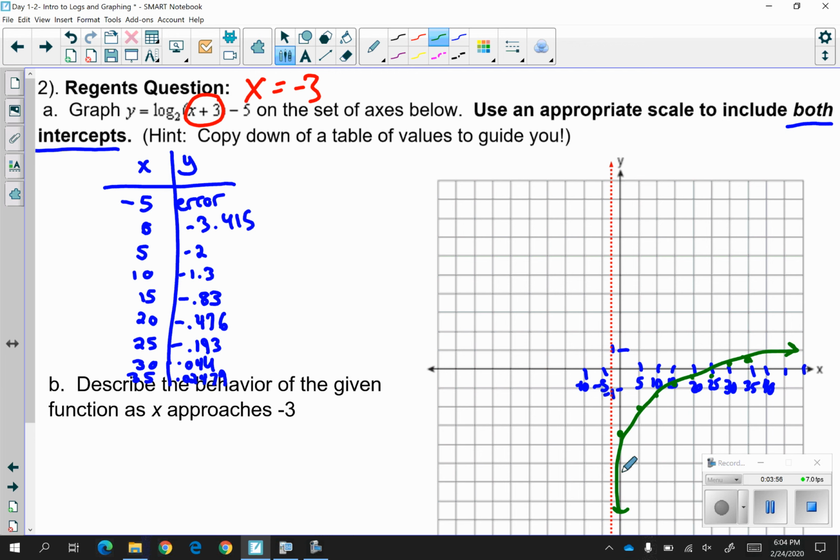Make sure you include arrows because there's no domain restriction. And make sure that you actually label your graph. So we have y equals log base 2 of (x plus 3) minus 5. And you're done graphing.